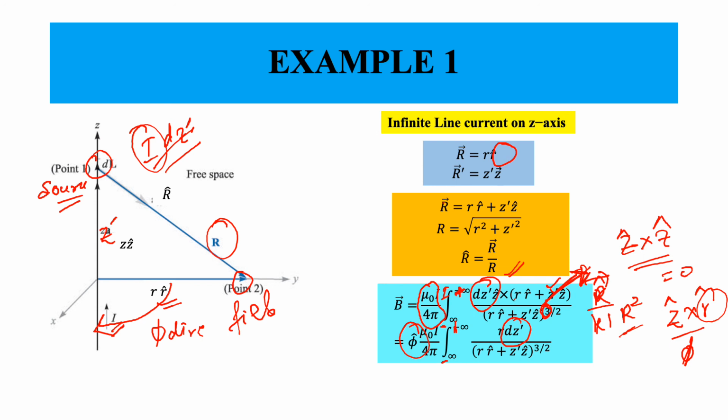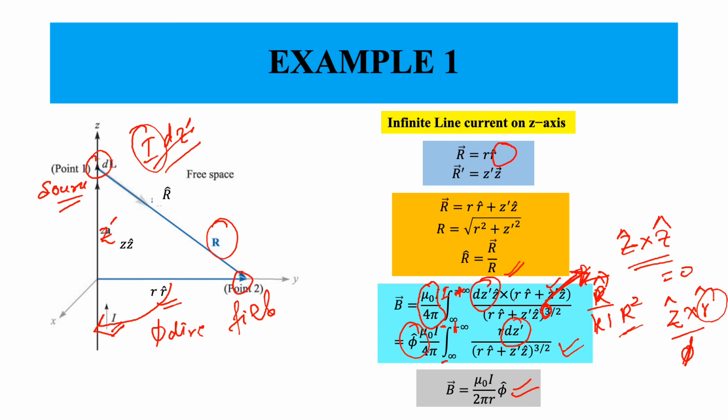I hope you can fill in the steps from how we calculated a line charge, where we encountered the same integral in the electrostatic case. You could apply that knowledge and show that this integral turns out to be mu naught I by 2 pi r in the direction of phi.